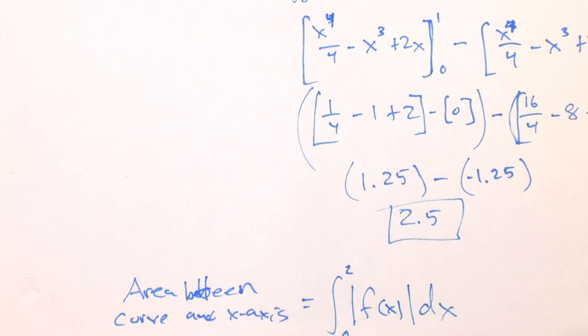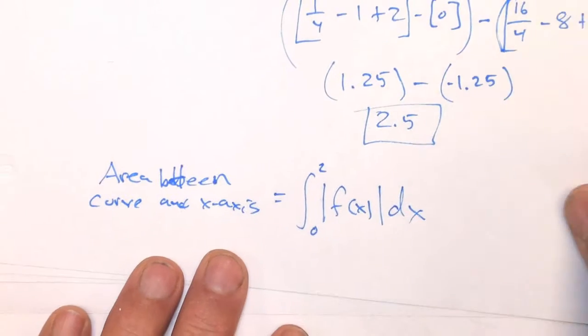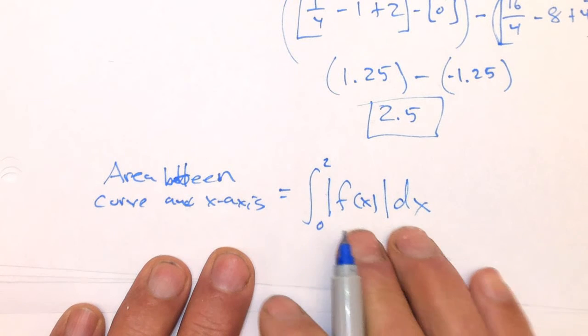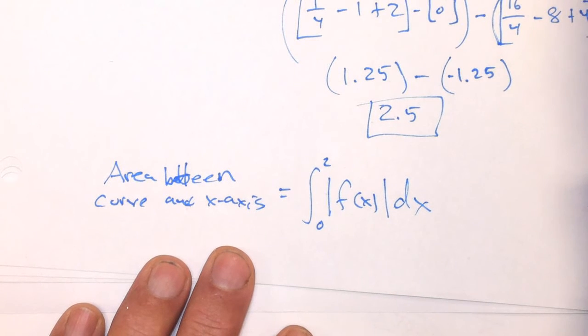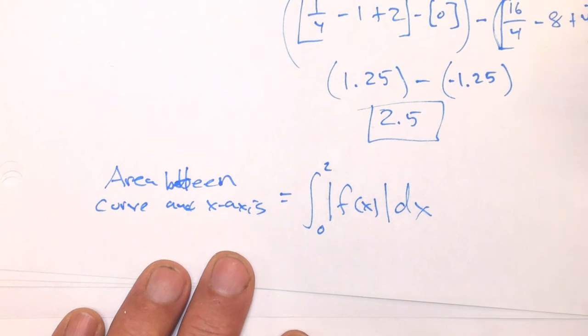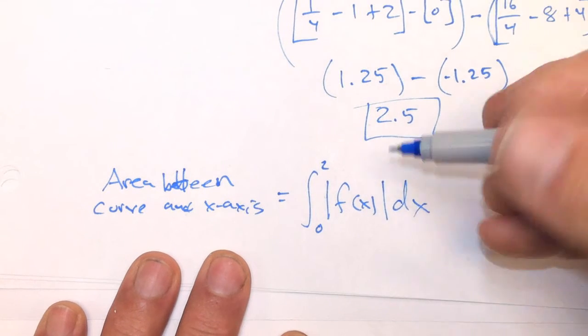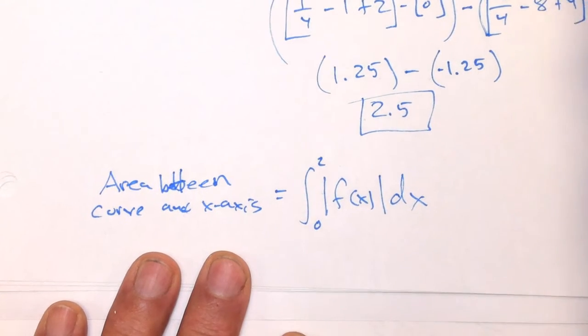And that will always be true. If I just take the absolute value, I don't have to find the intersection point and split it up. But not all the time will you have a calculator. This is only really handy if you have a calculator. Let's look at another problem here.